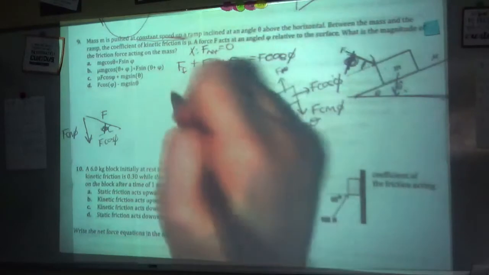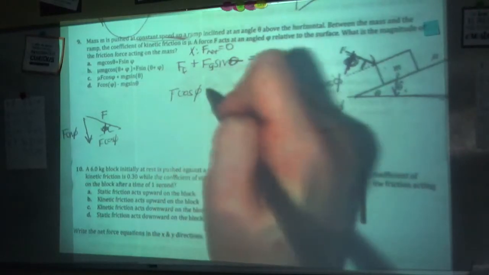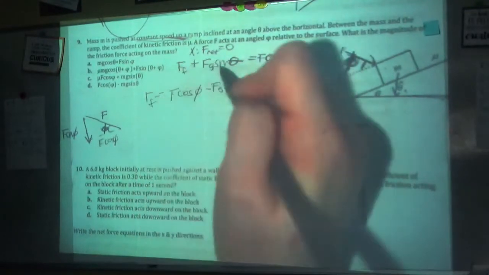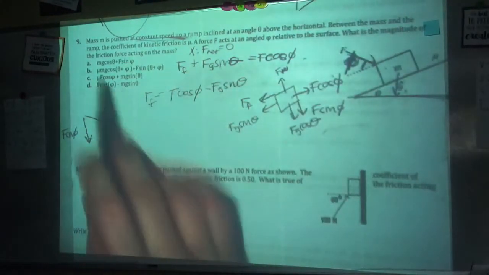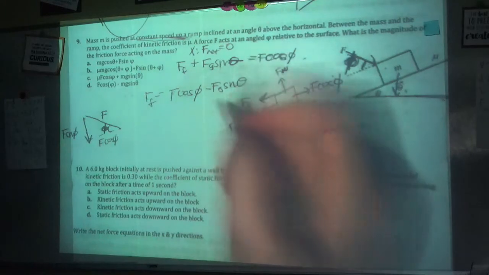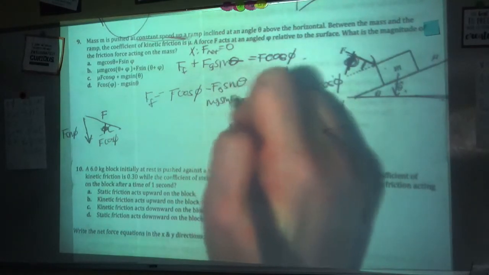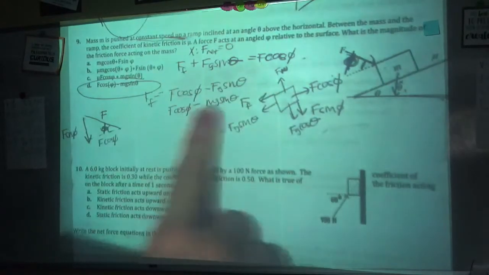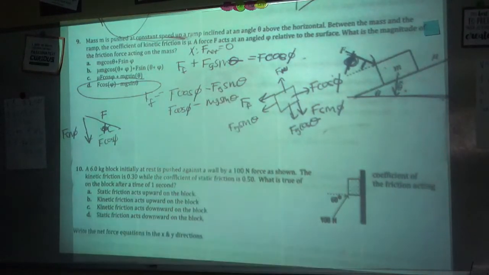So I have F cosine of phi minus Fg sine of theta equals force of friction. Just subtract it over. And then the only thing left is to replace Fg with mg. And then I get my answer is D. F cosine of phi minus mg sine of theta.